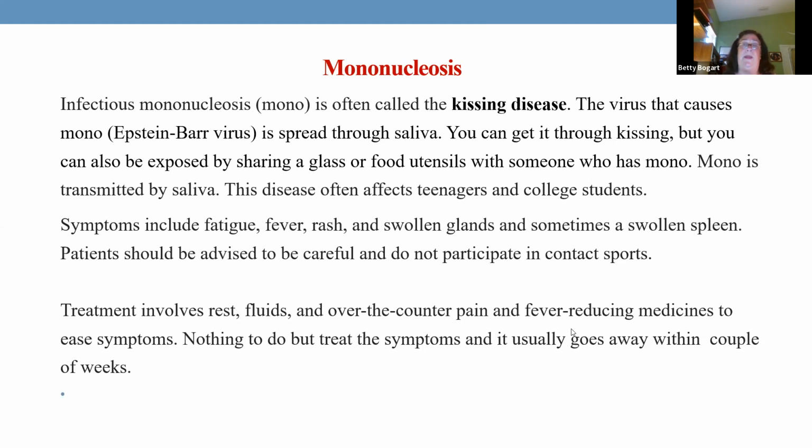We taught the father and the child: do not go into PE. You need to be re-cleared by your physician first. Please be careful of the abdomen, no sports, no rough play, protect the abdomen because the spleen is swollen, and if you had too much injury to the abdomen, it could burst.